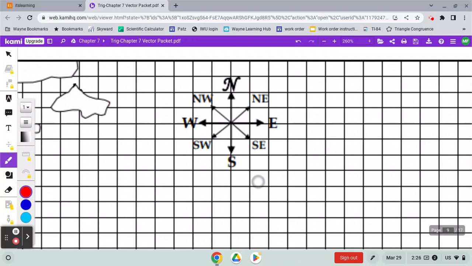That's a little different than how we consider it on our unit circle, where we start on the right side at 0 and then work our way around counterclockwise. So the way this is oriented would be 0 right here, 90 to the east, 180 would be to the south, and that means 270 is to the west. So that's what it's talking about. We're just going to keep that in mind.